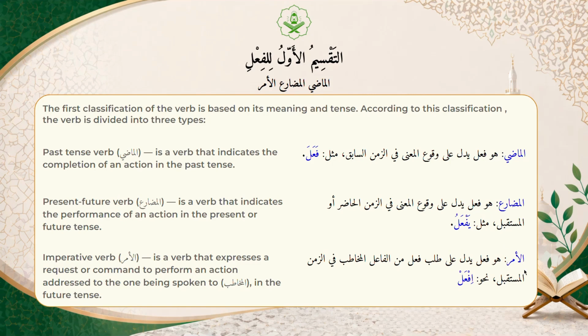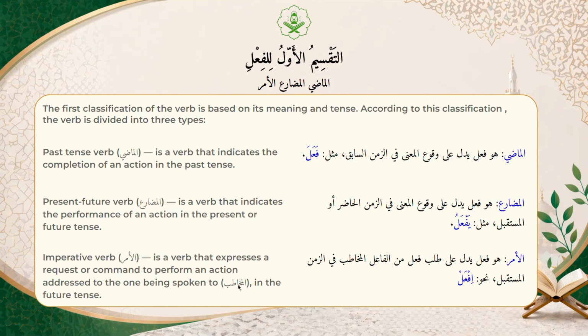So now الأمر. الأمر is a command verb or imperative verb, so it's also under the first classification. The amr is a verb that expresses a request or command to perform an action addressed to the one being spoken to, al-mukhatab.